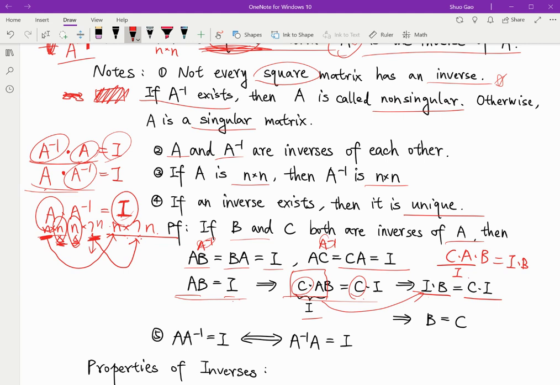And the right-hand side is C times I. And we know that the identity matrix times anything is the matrix itself, right? It doesn't change the matrix. So this reduces to B, and this is equal to C. So B equals C, which means the two inverse matrices are the same thing. So here we end the proof.